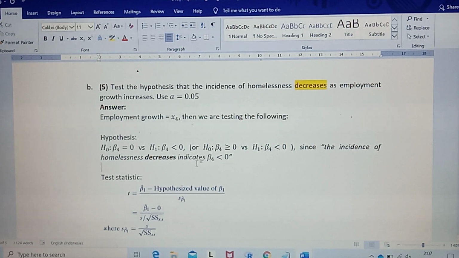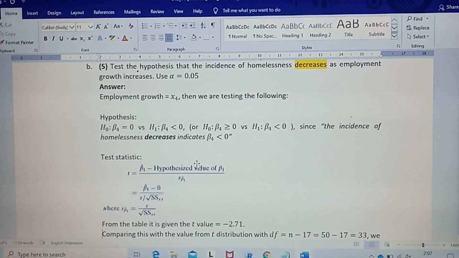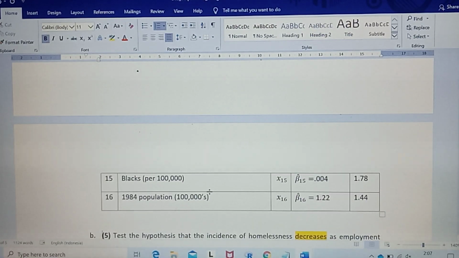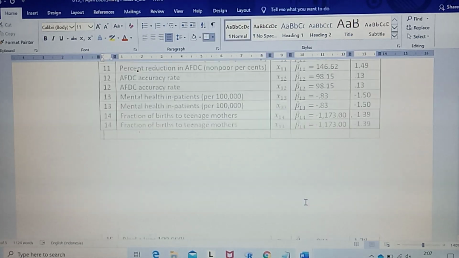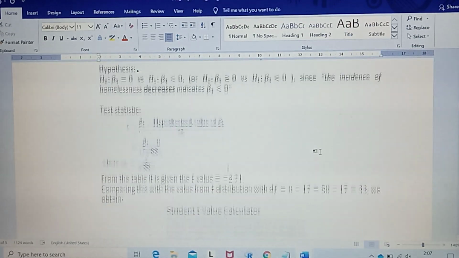Okay, so based on this hypothesis, the test statistic follows the t distribution with degrees of freedom of n minus the number of parameters to be estimated. Because here we have 16 variables, we have 16 plus 1 parameters, because we also have beta naught. So we have 17 parameters to be estimated.